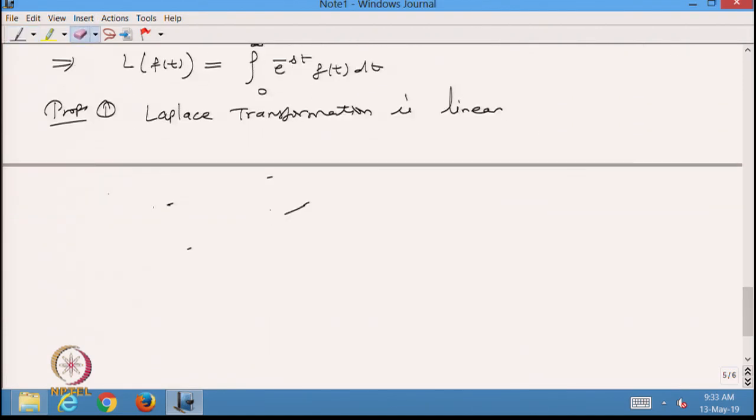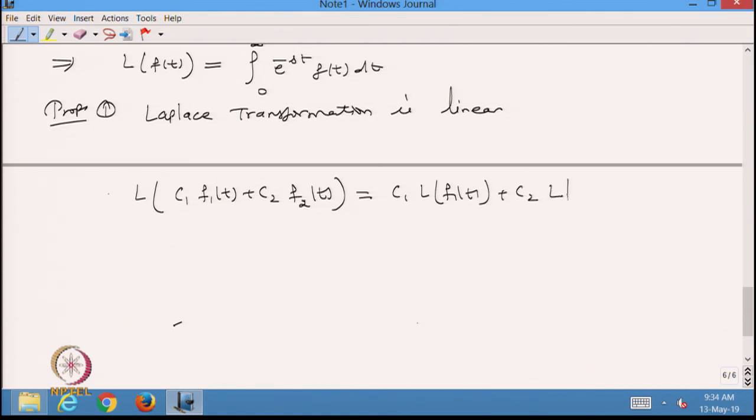The meaning of that is that a transformation is said to be linear if I want to take the Laplace of C1 f1(t) plus C2 f2(t), the linear combination of the two functions, and it comes equal to C1 the Laplace transformation of f1(t) plus C2 the Laplace transformation of f2(t), then we say that the Laplace transformation is a linear function.